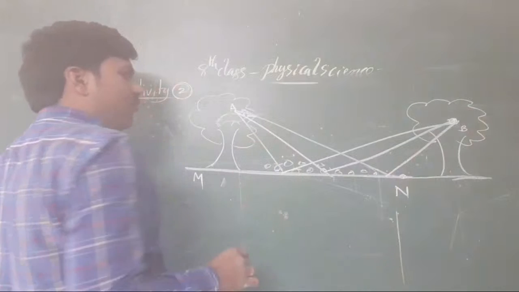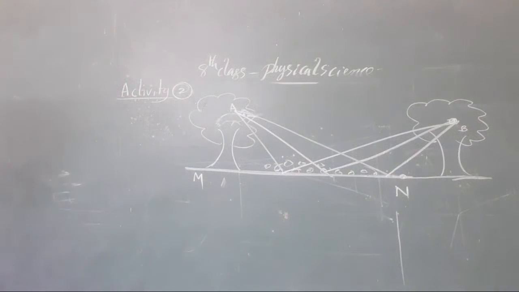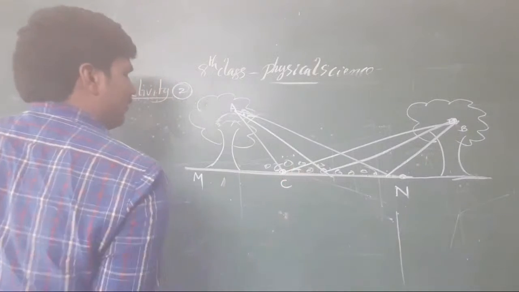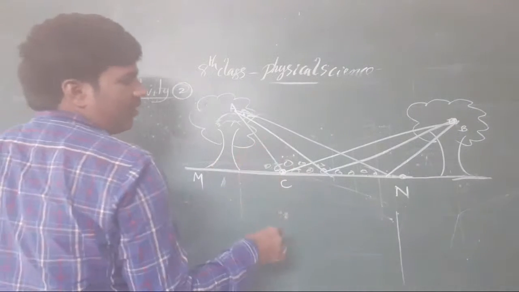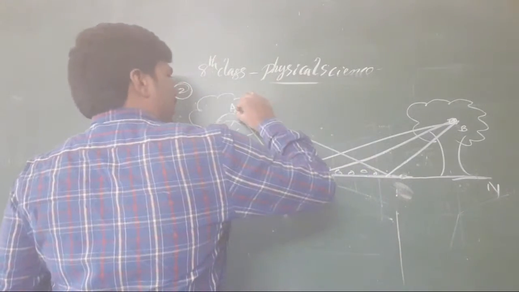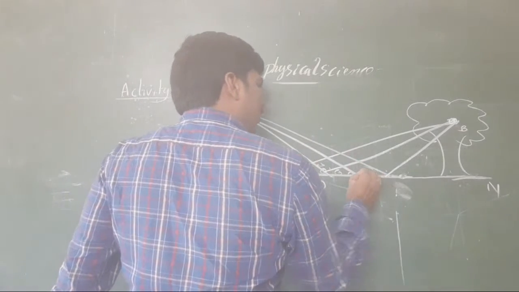Clear or not, all of you? I have taken different paths here, and from our mathematics knowledge we have to check this. Now I have taken one point C, and another point D. I have taken one more path also here.